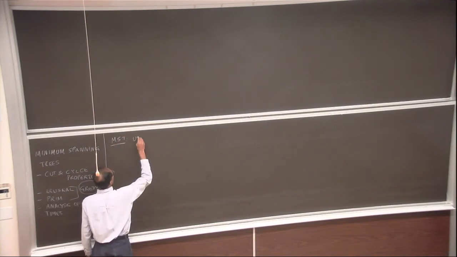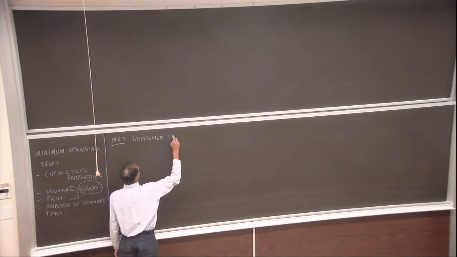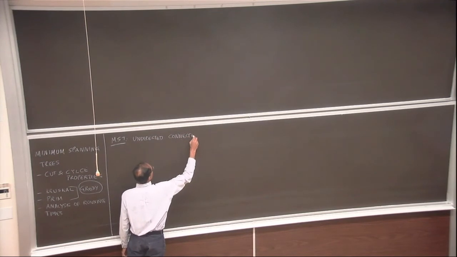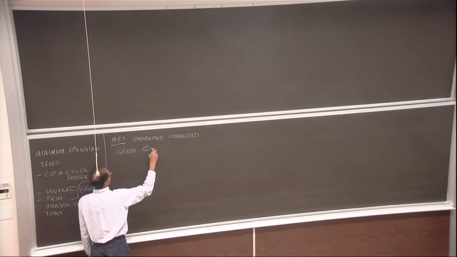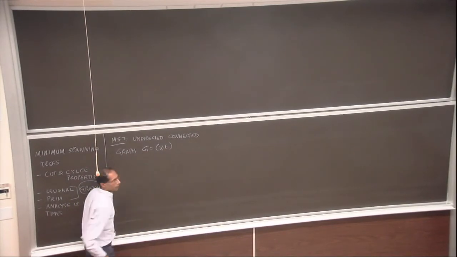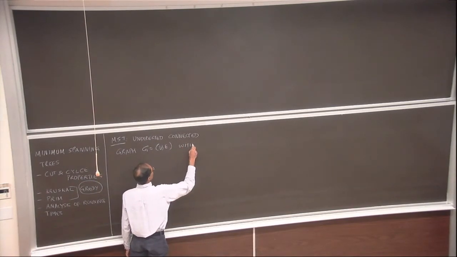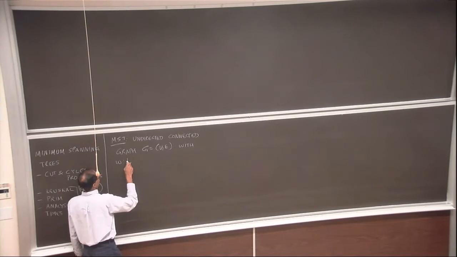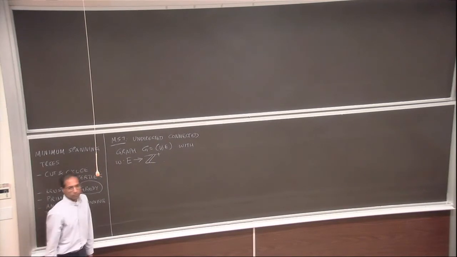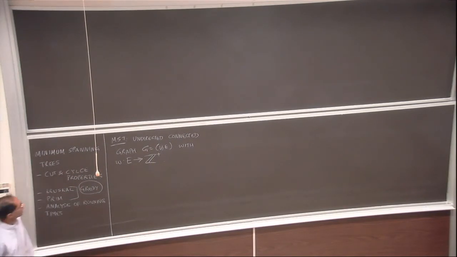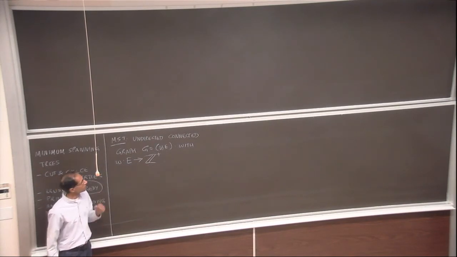What you're given is an undirected connected graph, and you have weights on the edges. Again, that notation indicates that this is the set of all positive integers.